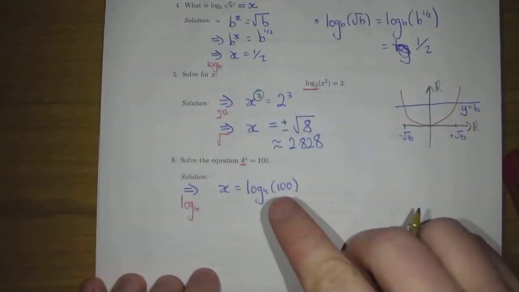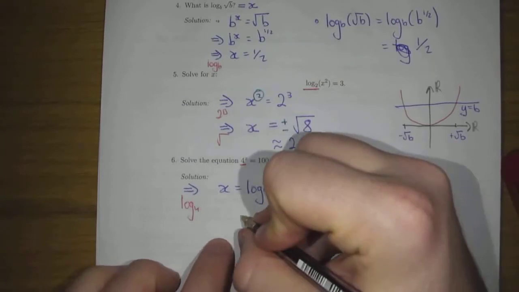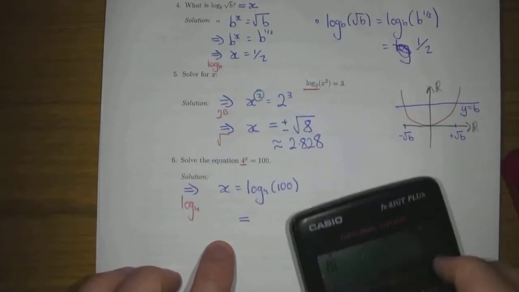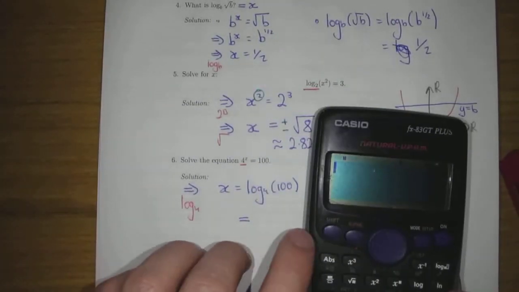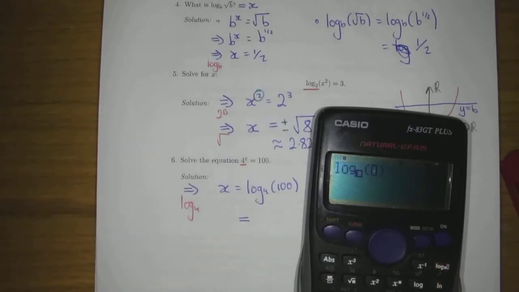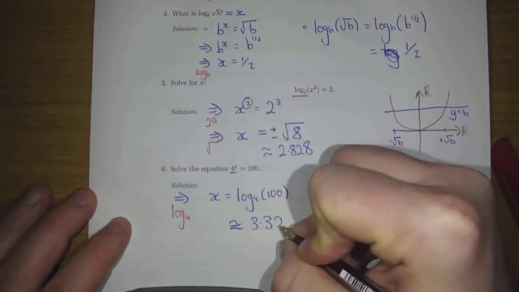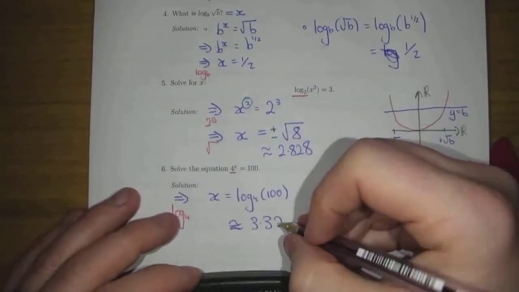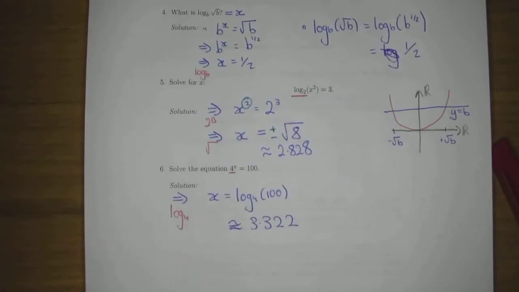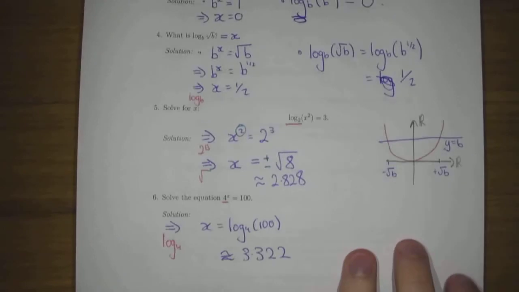As far as I'm concerned, this is the answer. But you can, if you want, go into the calculator, log base 4 of 100, 4 significant figures anyway, 3.322, and because it's a 9, I'll round that up. So that's just knowing that the inverse of 4 to the power is log base 4.